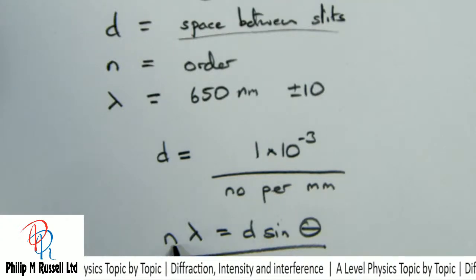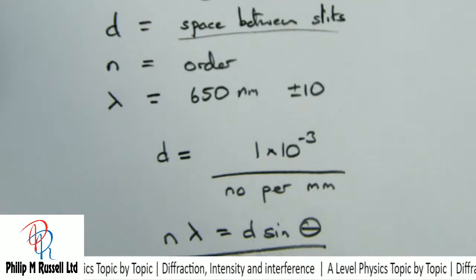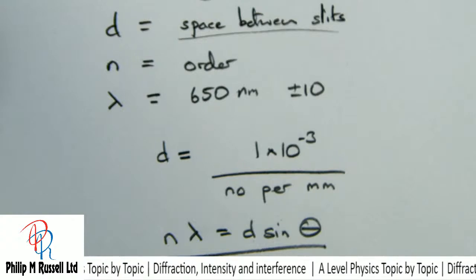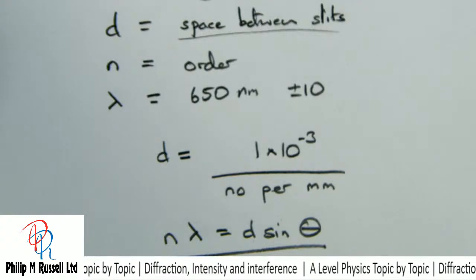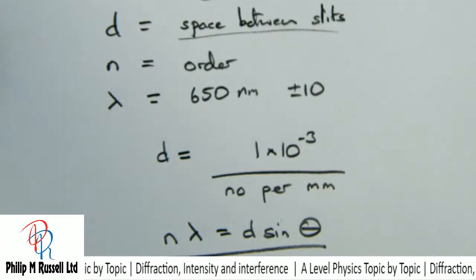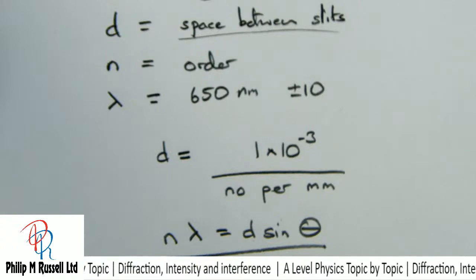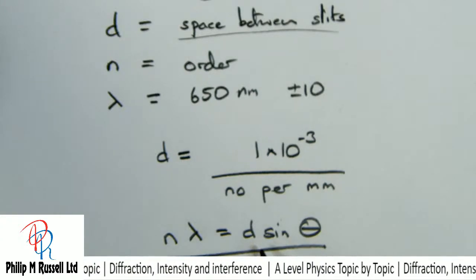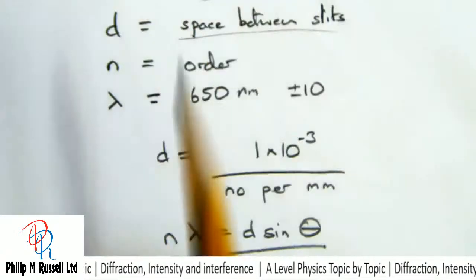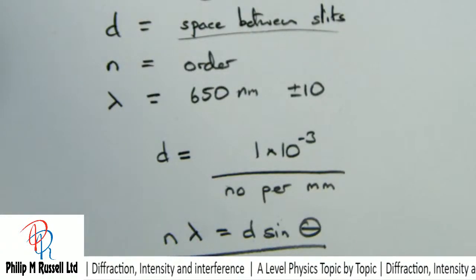So I can work out my order, my wavelength, all sorts of things, and it gives rise to lots of interesting experiments that you can have a go at doing. We could possibly even see if the diffraction grating is correct when it says there are 100 lines or whatever.